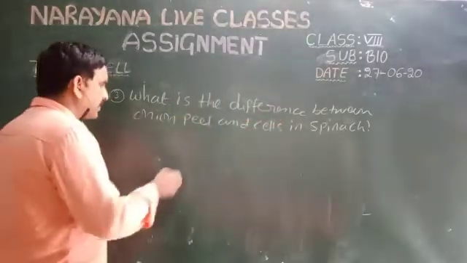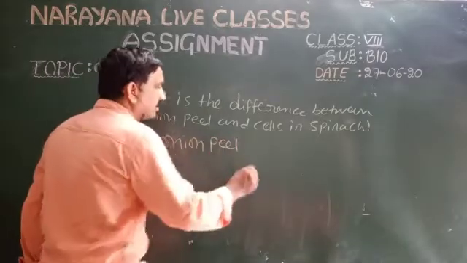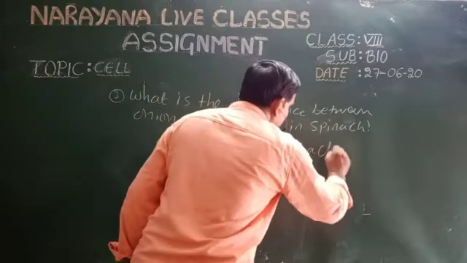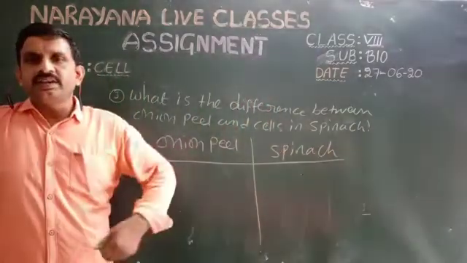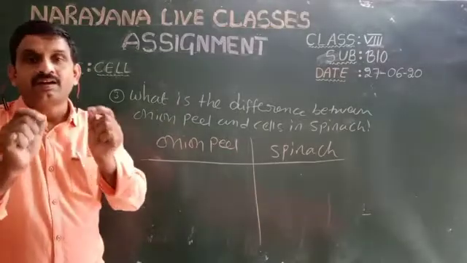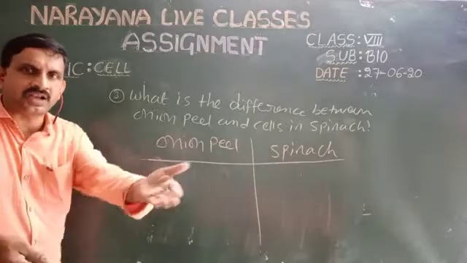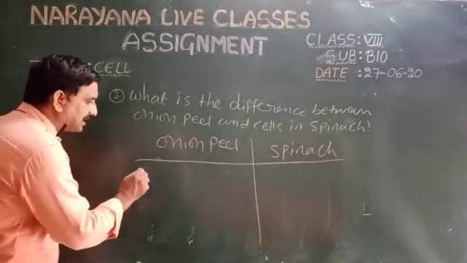Here is an onion peel and spinach. Understood? Here the cells are cylindrical in shape in the onion peel. When we observe under the microscope, the cells appear cylindrical in shape.